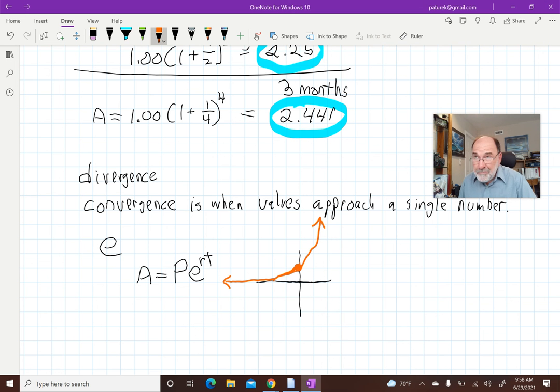And mathematically, this is a situation where you would say it's continuously compounding. So not even once per second, but once per as small of a division as you want to make for time. It's continuously compounding, growing.